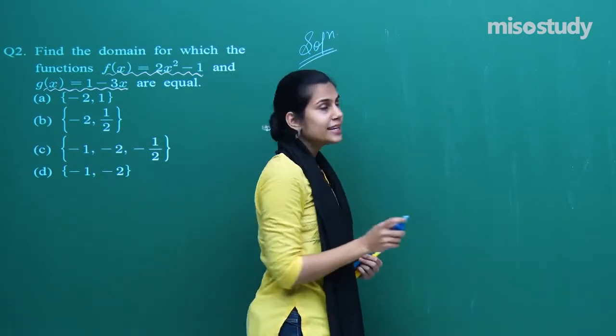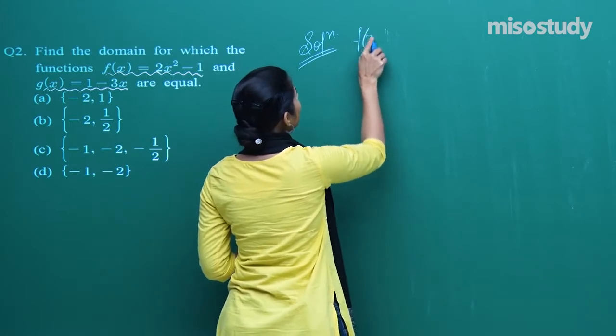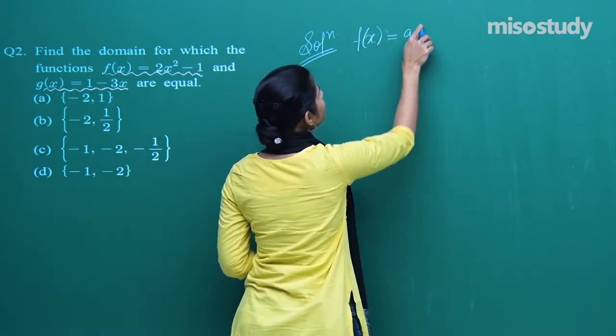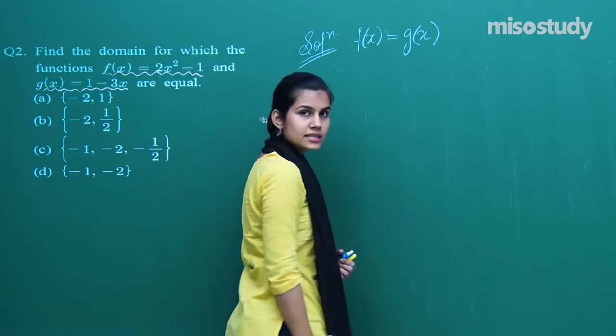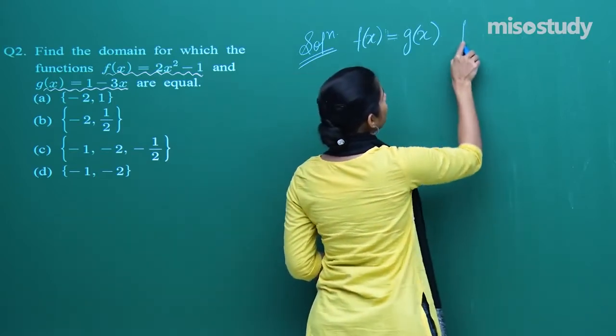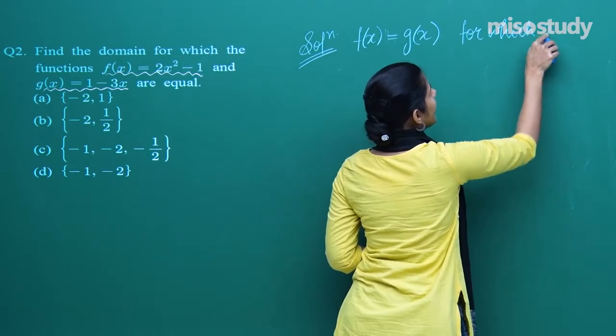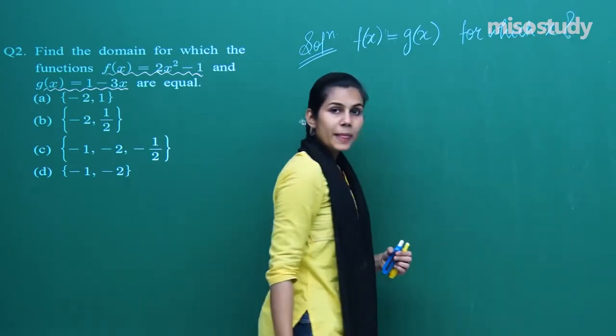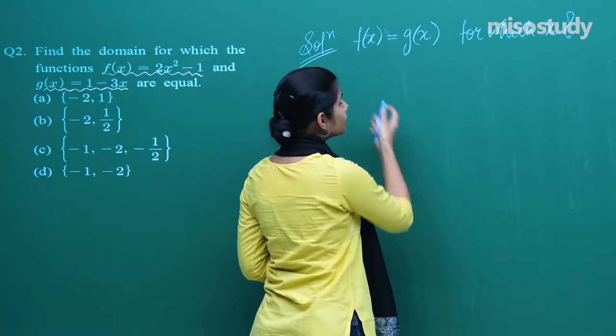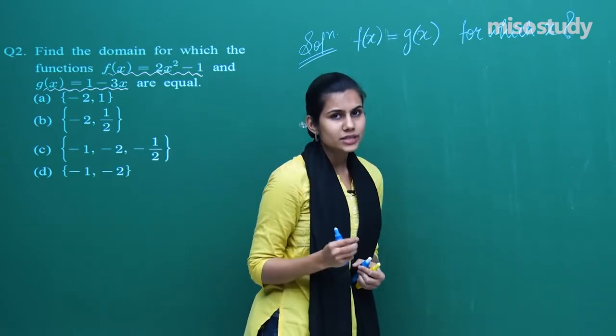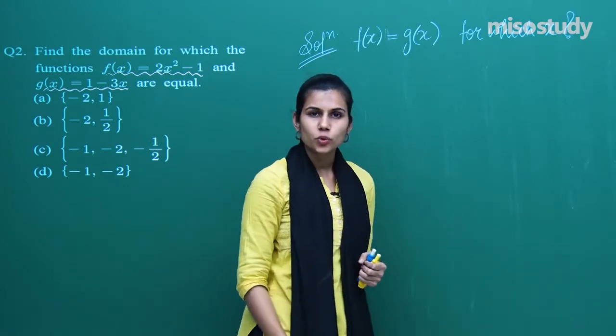I need to find x for which f(x) is equal to g(x). That is my question. So let's just substitute and see what are those x's which are making f and g equal.